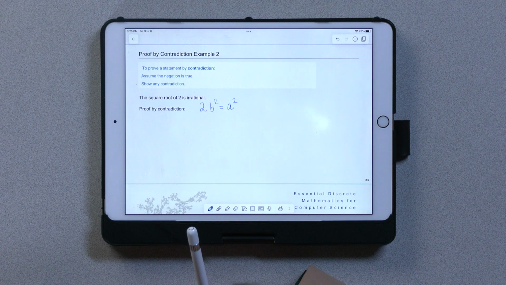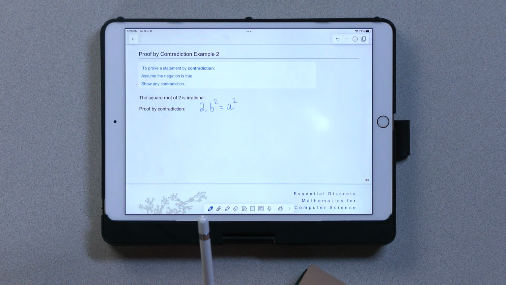Well, now we have to consider what the implication of this is. If a squared equals 2b squared, we know that b is an integer, and b squared is an integer.